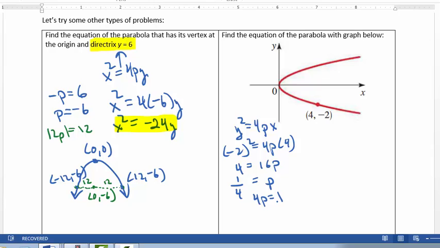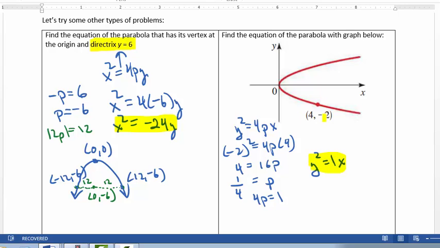Just multiply by 4. So then this equation is just going to be y squared equals 1x. You don't have to write the 1, but just for effect, I'll write it in there. So that would just be y squared equals x.